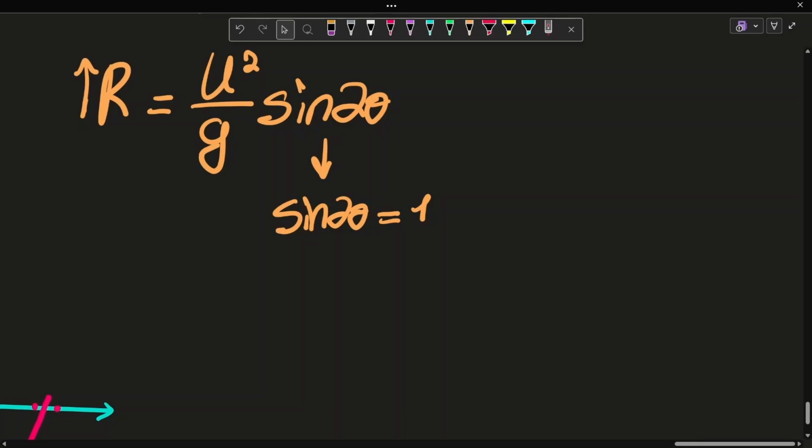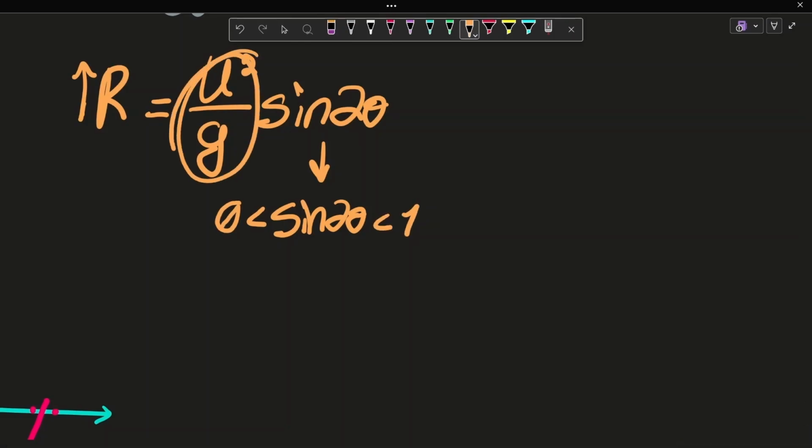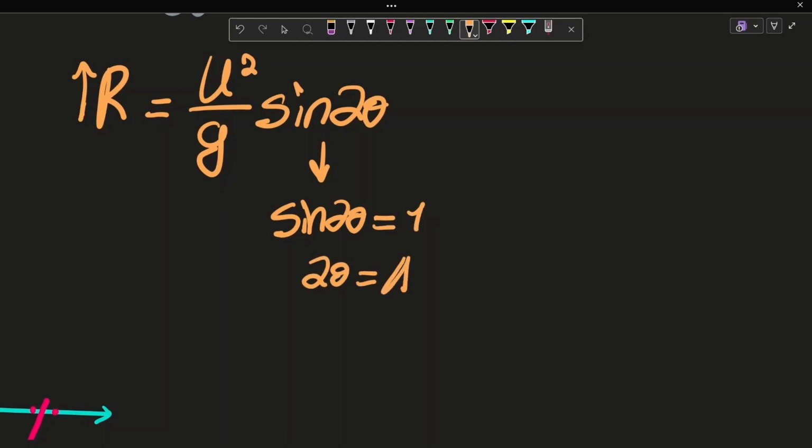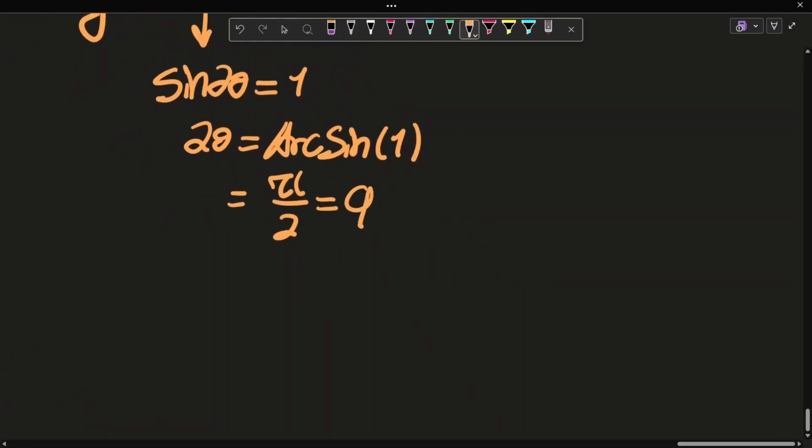Because if it was less than 1, let's say between 0 and 1, if it's some fraction, we're only going to get some fraction of this range. So we want sine 2 theta equal to 1. So that means 2 theta has to equal arc sine of 1, which is equal to pi over 2, which is 90 degrees.